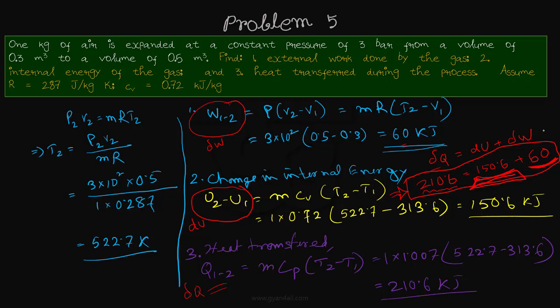So that is the first law of thermodynamics. I think you can solve any kind of problem like this. These are very simple, but you should know the basic formulas and principles: the first law of thermodynamics, characteristic gas equations, the relation between Cp and Cv, and so on.